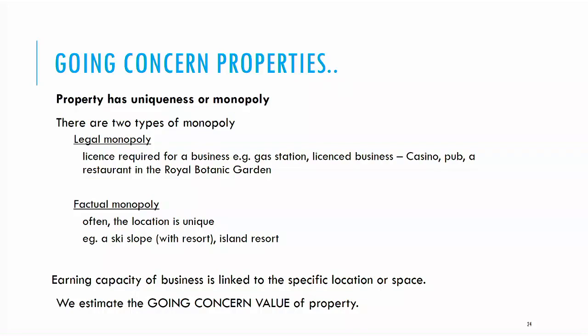There's no comparable location. For example, ski slope with resort and island resorts, those are special because of the location. They are unique. Right? Earning capacity of the business is linked to this specific location or space. So there's a value for the business because of the location, because of the monopoly. And that's why we call it going concern value of the property. We don't really call it market value or valuation. The term we use is going concern value.